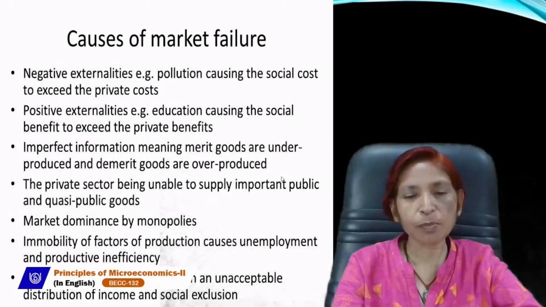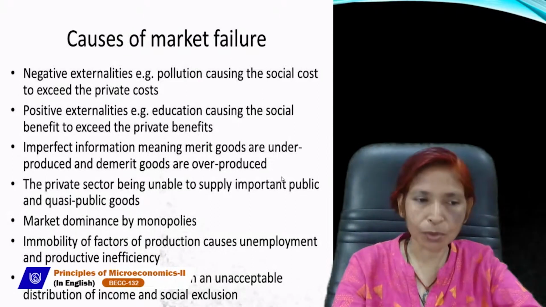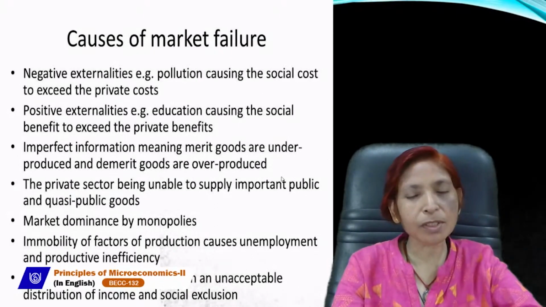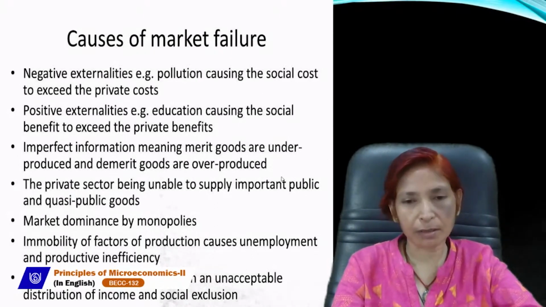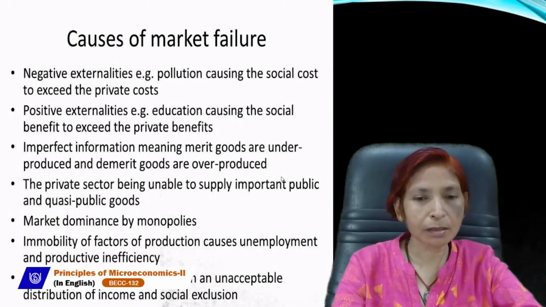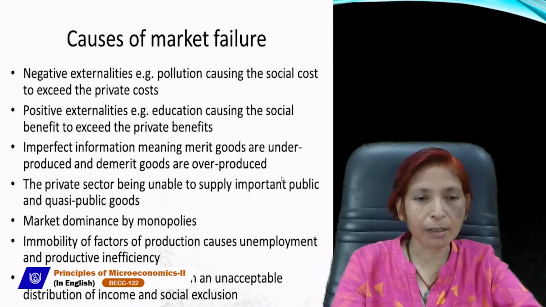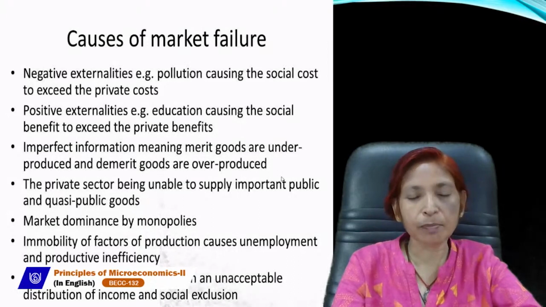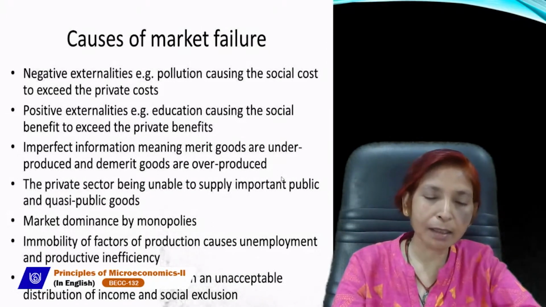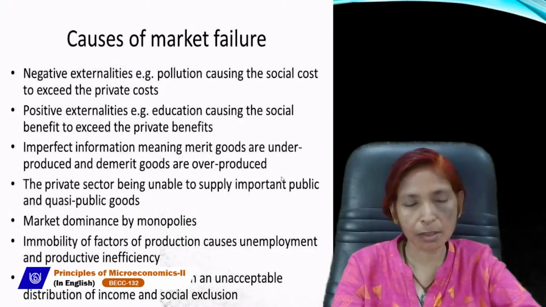The goods provided by the government are called public goods. Public goods can be used by everyone. You can't stop or interfere with anybody's use of this type of goods. Anyone can use them, whether they are paying or not.